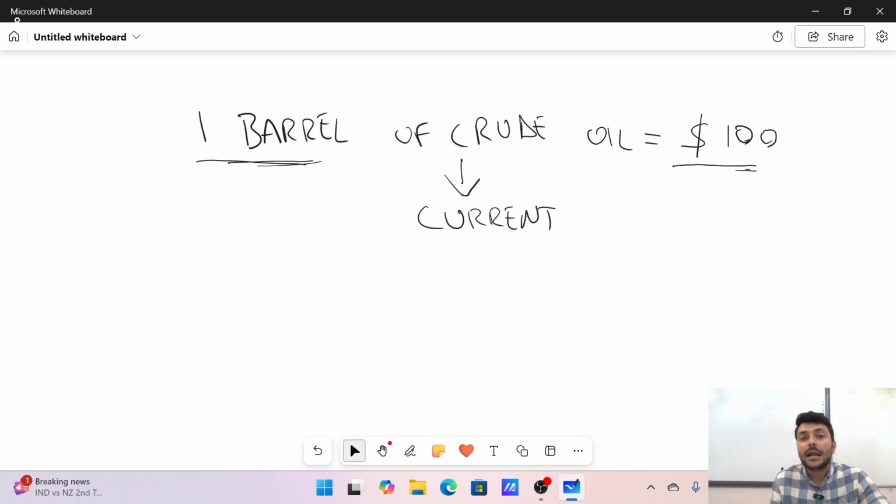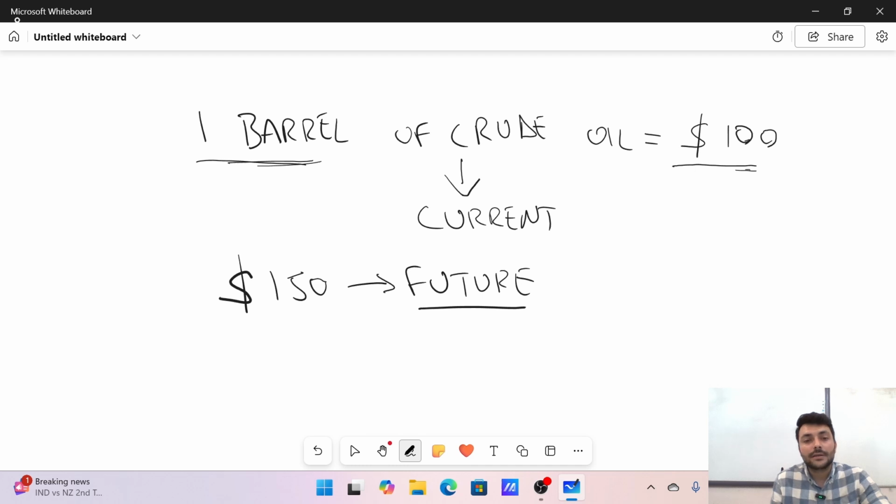He will earn $100. If the price of 1 barrel of crude oil is $150 in the future, and the extractor decides to extract the resource today, he is making a decision of extracting the resource today and not in the future, which means he is foregoing a return of $50.